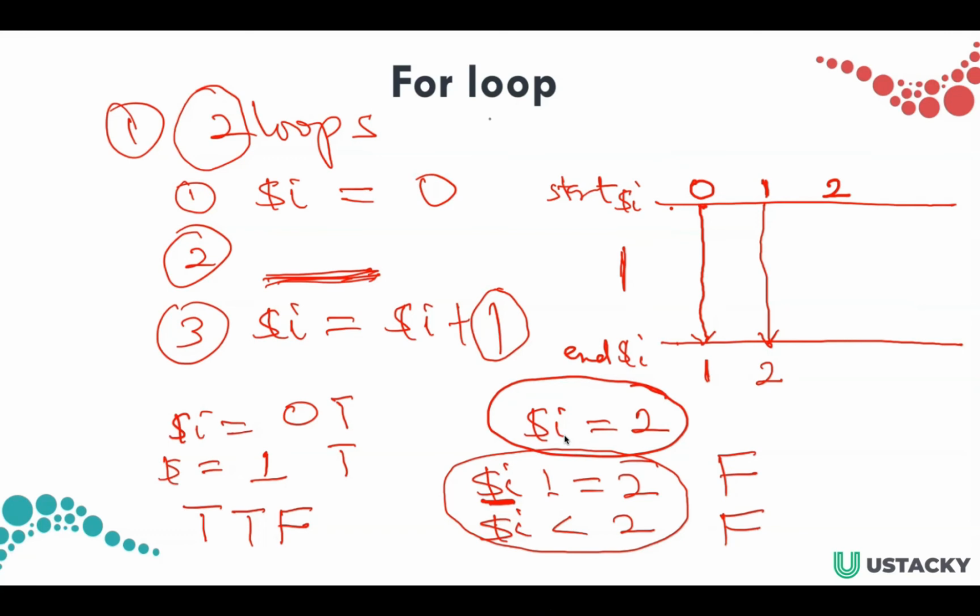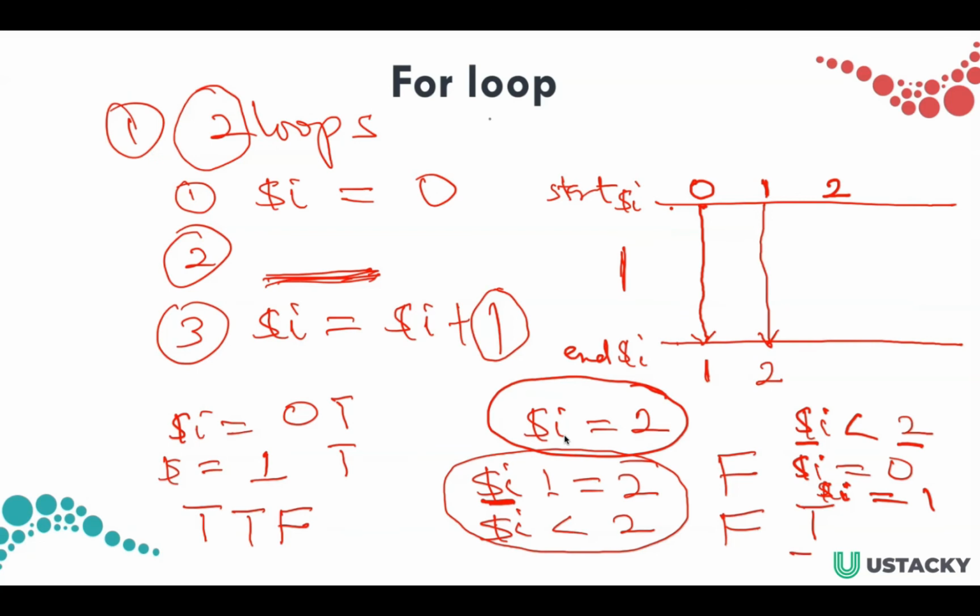So let us try for $I is less than 2. For the first loop, $I is 0. So when $I equals 0, 0 is less than 2. This is true. When $I is 1, 1 is less than 2.